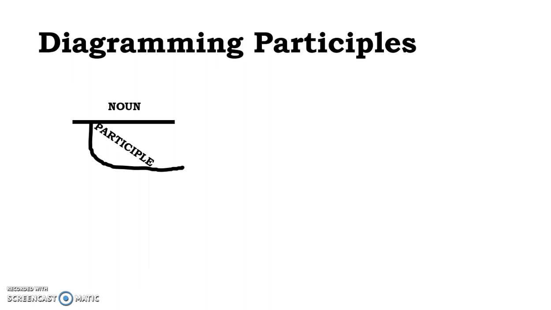Like this, participle. And the participle is written diagonally, kind of like it's kitty-cornered in on this participial downward slope. For the rest of the instructions in this video, I'm just going to refer to it as the participial slope, so you'll know what I'm talking about.